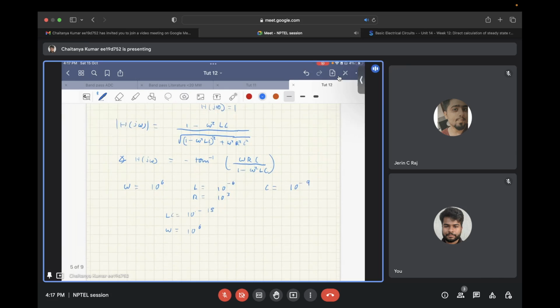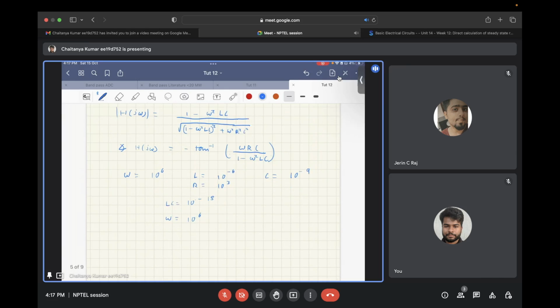So if we plug in the values, what we get as the magnitude response is 1 minus 10 to the power 12 into 10 to the power minus 15, divided by the square root of 1 minus 10 to the power 12 into 10 to the power minus 15, whole squared, plus 10 to the power 12 into R square.